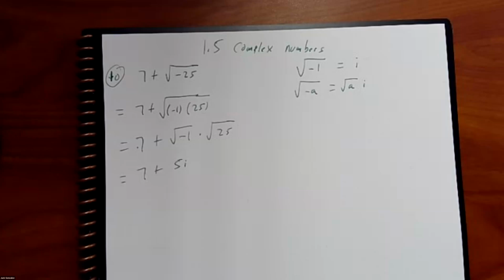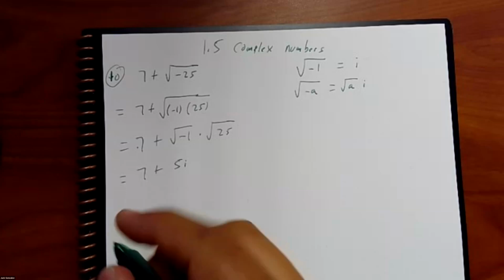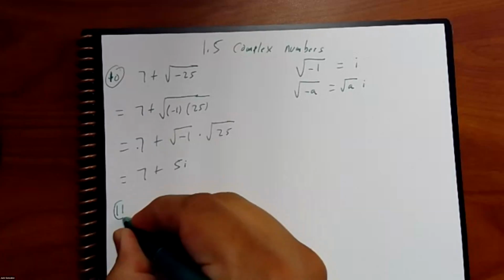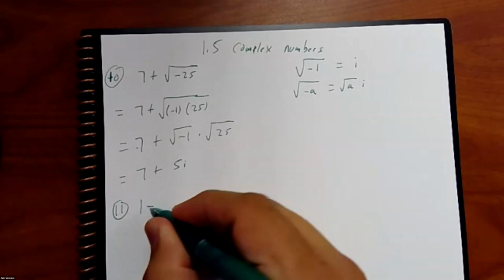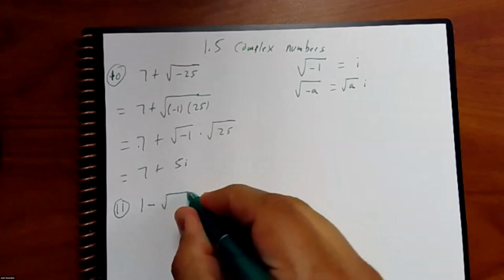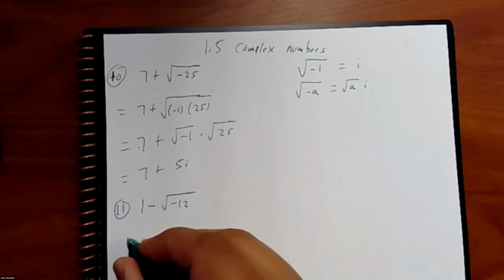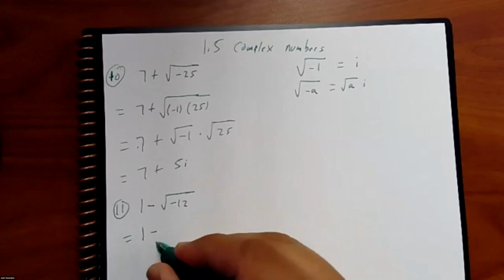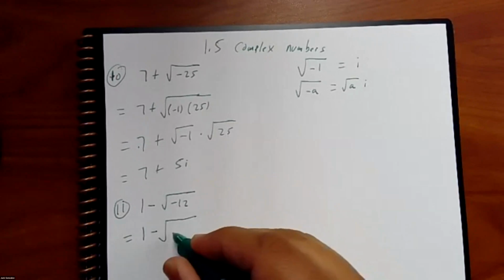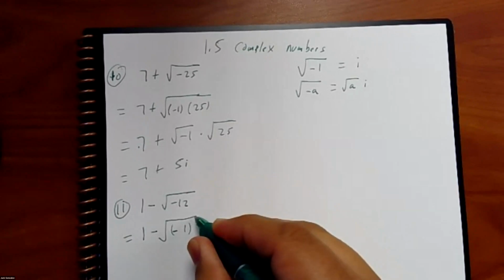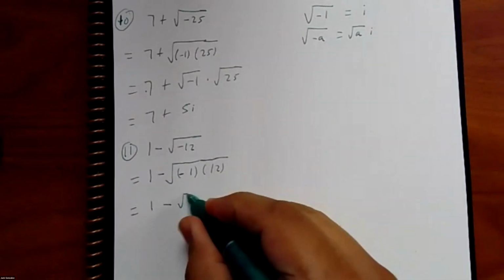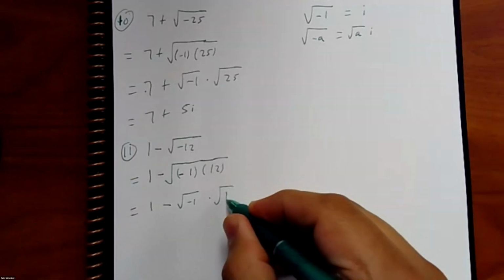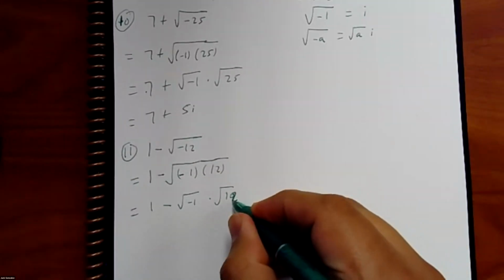Let's do another one. This one doesn't square root perfectly, but all the ideas of radicals when we were reducing, you remember the beginning, will be important here. So this will be -1 times 12. So separate it into -1 times the square root of 12.